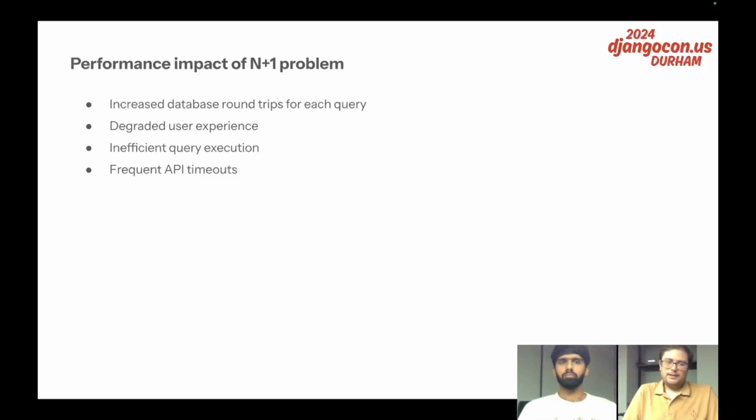And lastly, with respect to Django REST framework, API timeouts might occur more frequently due to, as I explained earlier, the inefficient query execution.